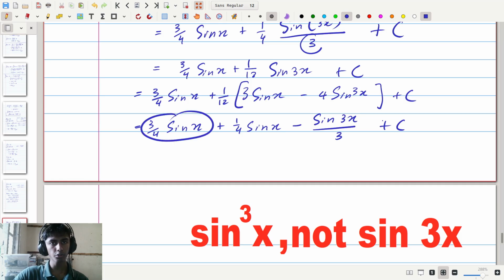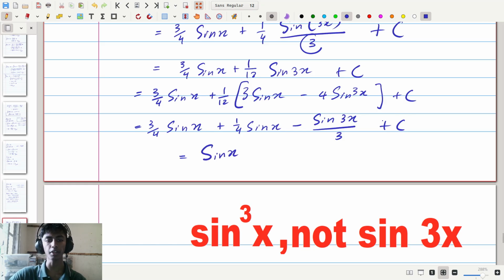This 3/4 of sine x and this 1/4 of sine x I'm going to concatenate into a single 4/4 of sine of x, as in just sine of x. And then this bit I'm going to write as negative sine of 3x divided by 3 plus c.